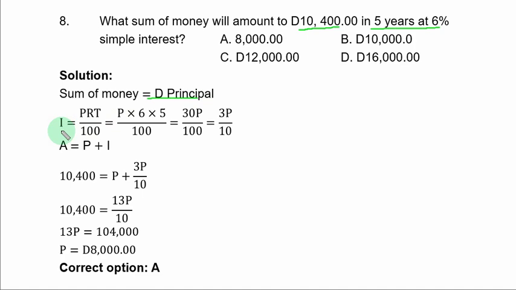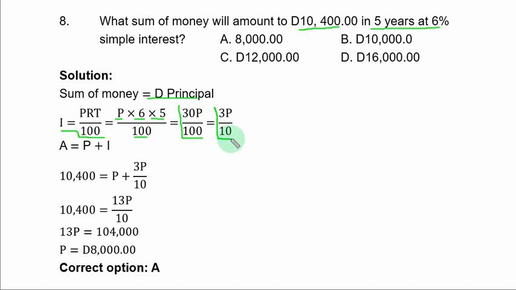Interest is principal times rate times time over 100. Principal is unknown, rate is 6, time is 5 over 100. If you simplify, you have 30p over 100, and that gives 3p over 10.